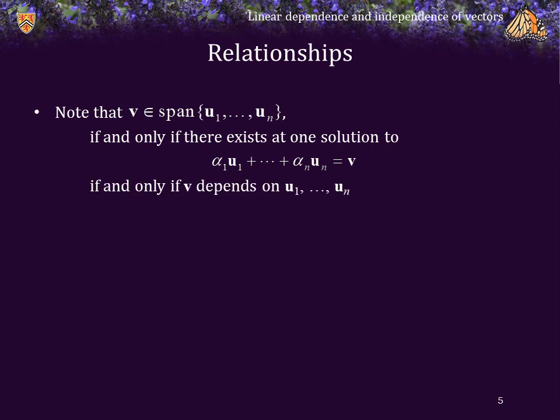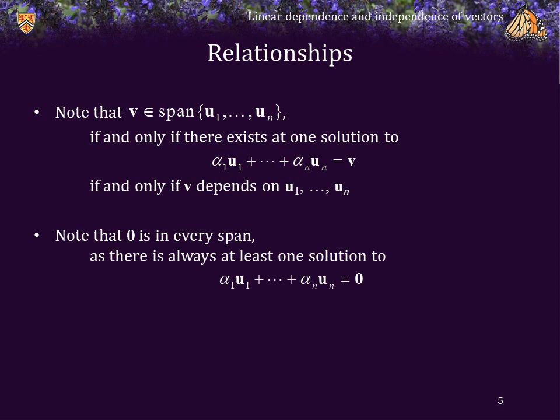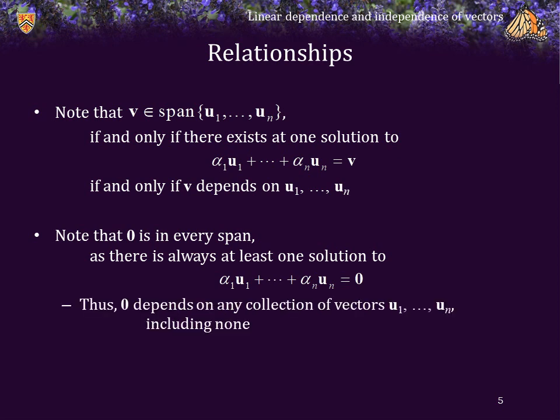And this is true if and only if v depends on u1 through un. Again, note that the zero vector is in every span, as there is always at least one solution to finding a linear combination of vectors equaling the zero vector. Thus, the zero vector depends on any collection of vectors, including none.